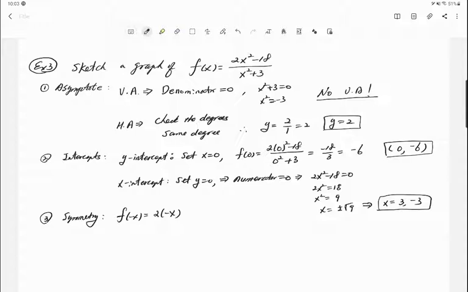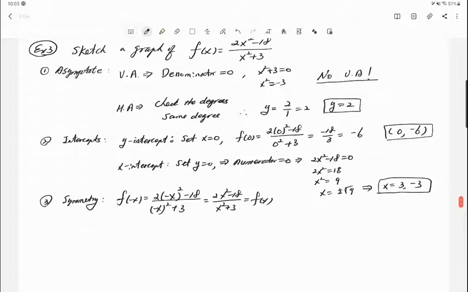Whenever we square a negative, it's always positive, so it should be the same function. This is equal to 2x squared minus 18 over x squared plus 3, which is f of x.